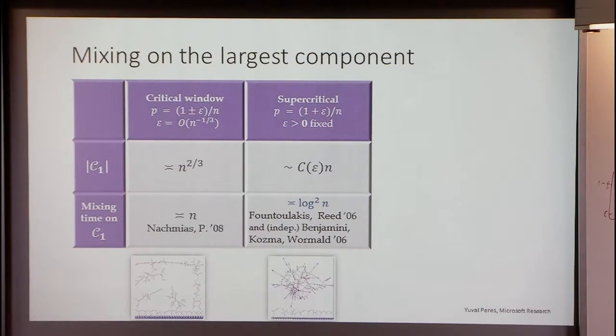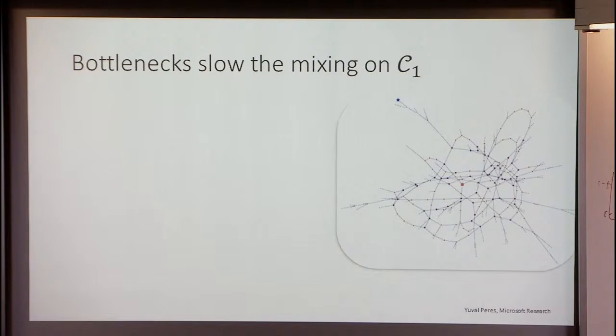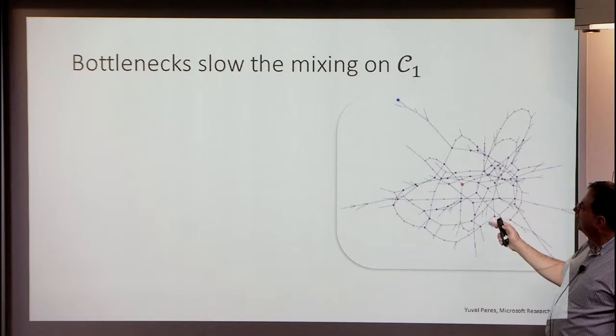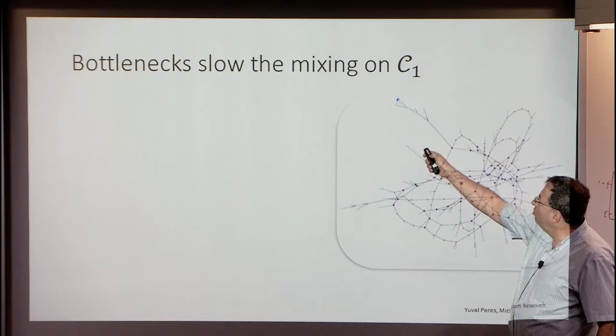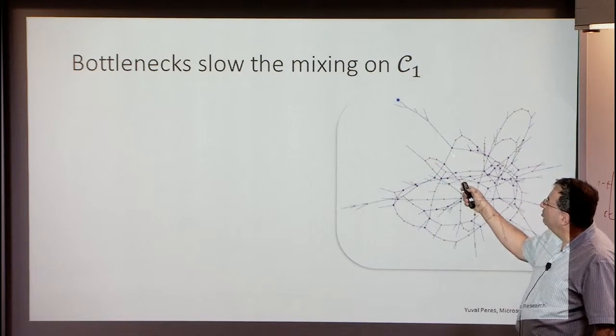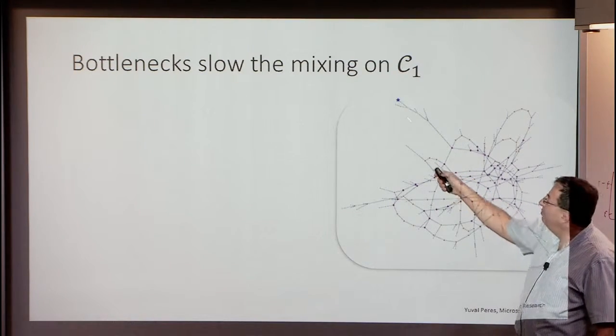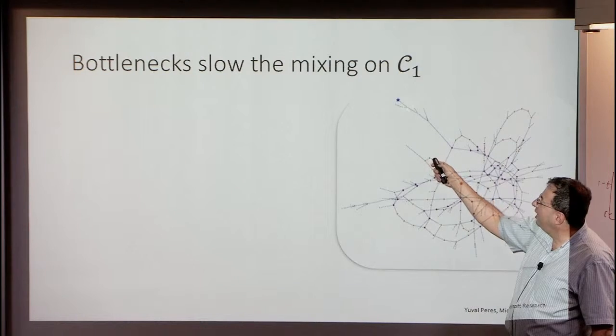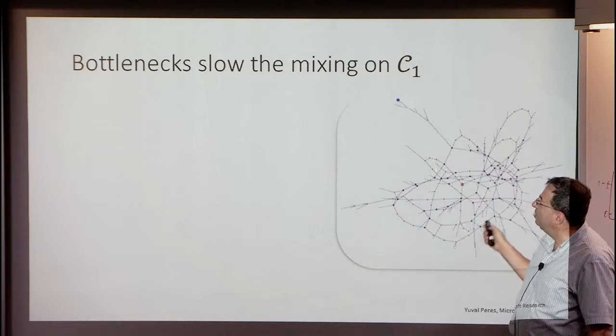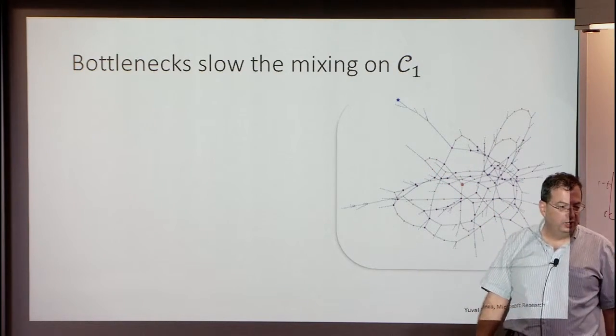And why is this mixing time log squared of n? It's easy to understand the lower bound, because the structure of the giant component is that it has long paths of length log n that connect to the main body. If you start at the end of such a long path, it will take you time at least log squared n to reach the main body, so that gives you a lower bound for the mixing time.